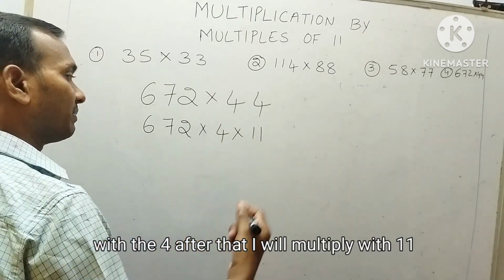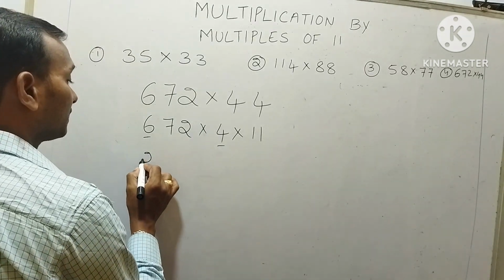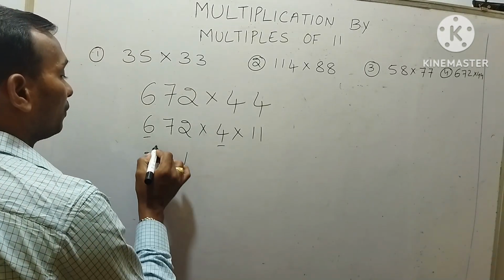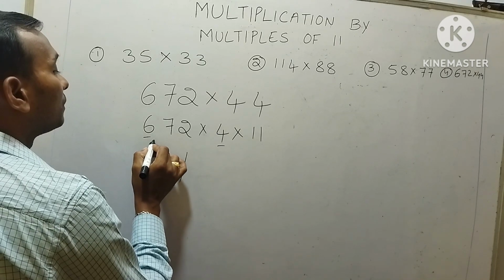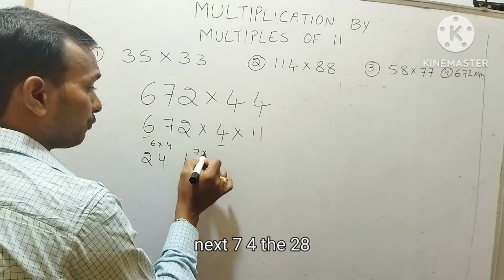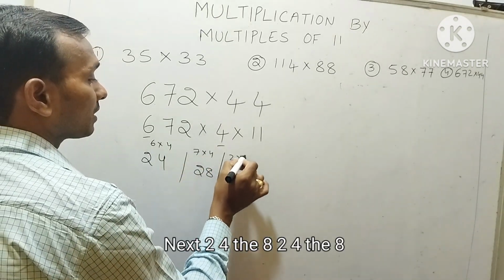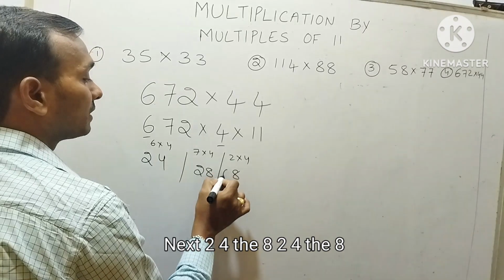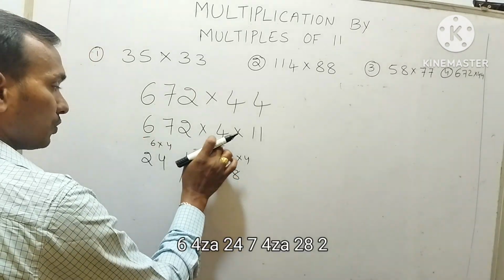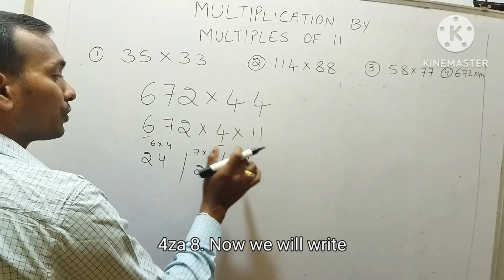After that I will multiply with 11. See here, 4 into 6 is nothing but 24. 6 fours are 24. Next 7 fours are 28. Next 2 fours are 8.